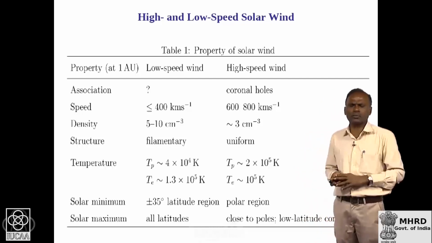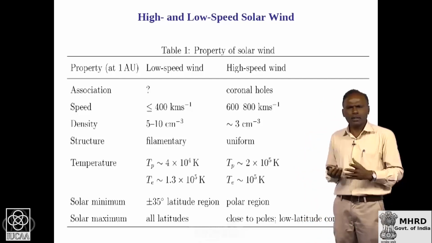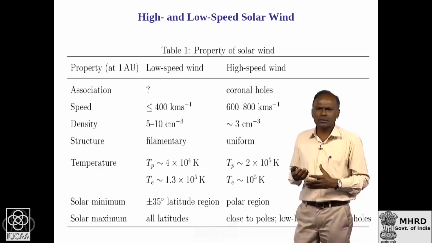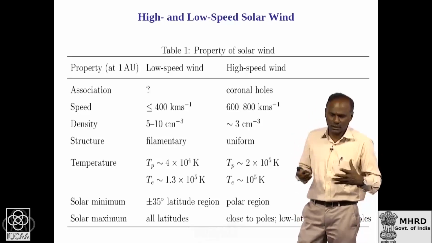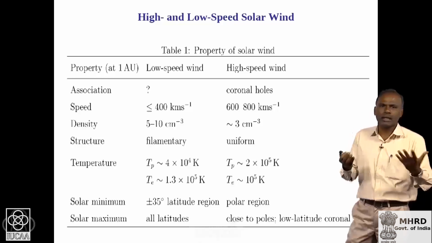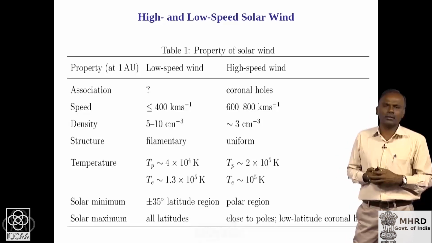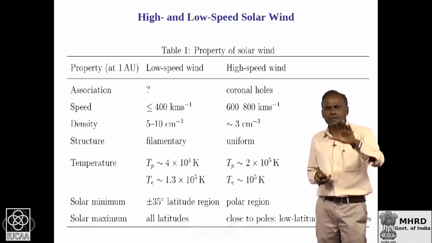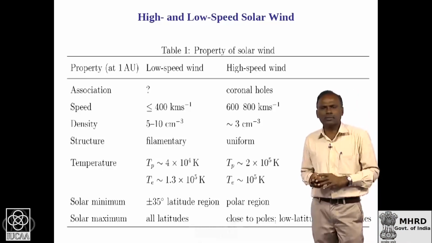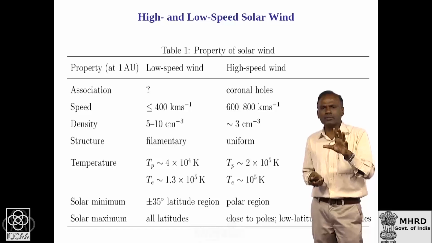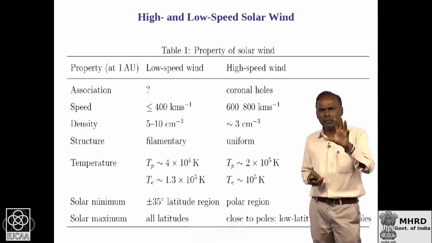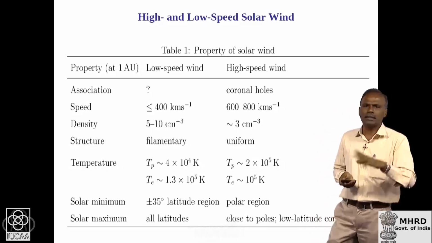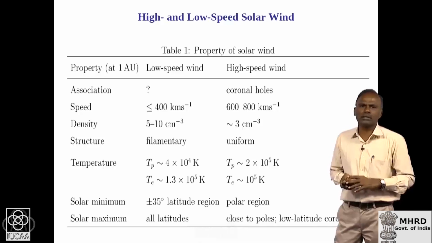So they originate from the polar region, whereas during solar maximum they can be originating from low latitude coronal holes. These two give the typical properties, and the major difference is seen in speed, density, and proton temperature.